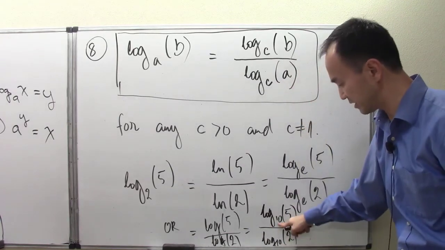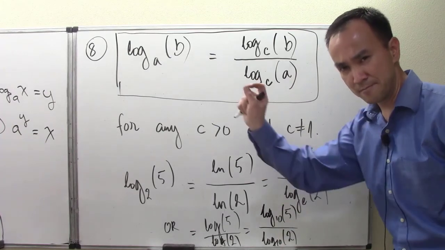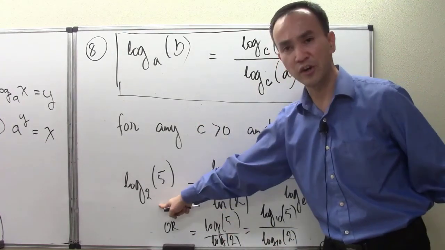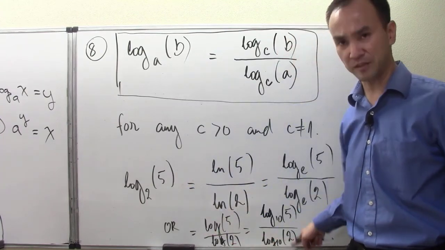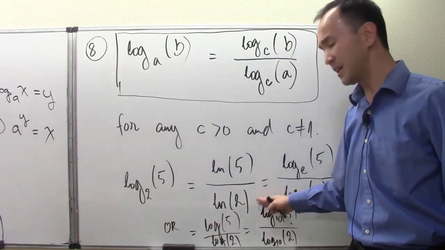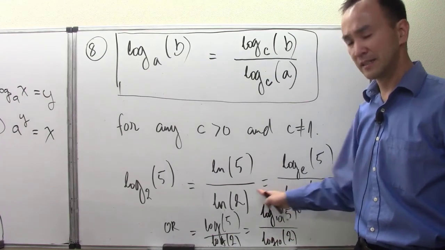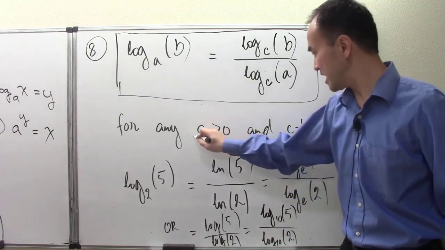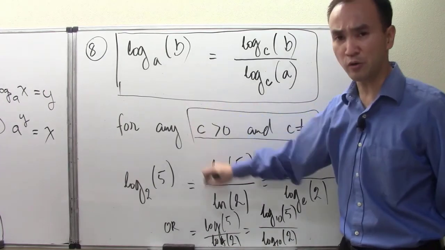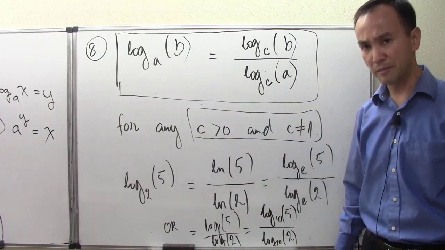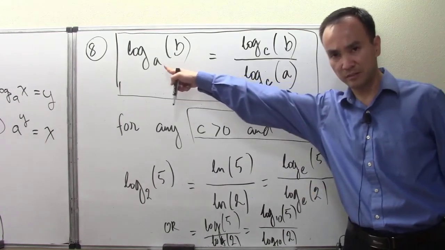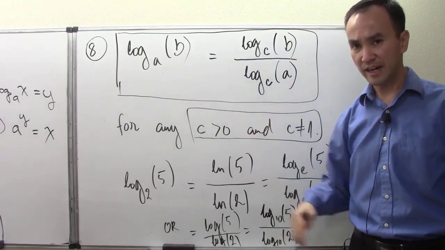But this is a base that we purposely chose so that it's different from the original base, and it helps the calculation. So the c here is just any chosen base, as long as it meets the requirement to be a base. It can also be the same as the beginning base, but it's not getting us anywhere.